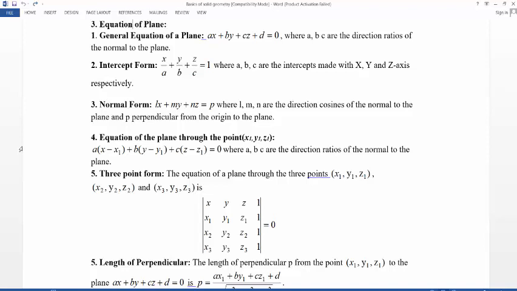Now next, 3-point form, the equation of plane through the 3 points x1 y1 z1, x2 y2 z2 and x3 y3 z3.